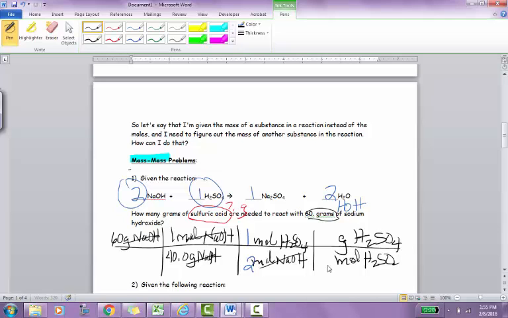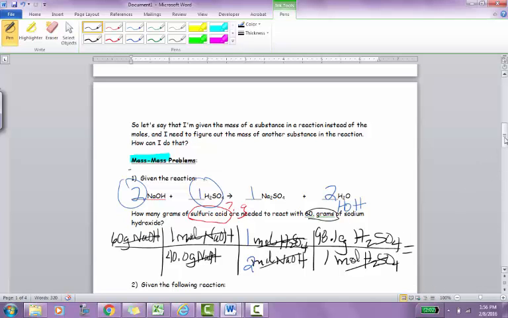And again, do some quick math. You can add these up yourself if you would like. I will tell you that it's 98.1 grams. That is the molar mass of sulfuric acid. And at this point, moles of sulfuric acid cancel out in favor of grams of sulfuric acid, and that is what I was looking for, H2SO4.